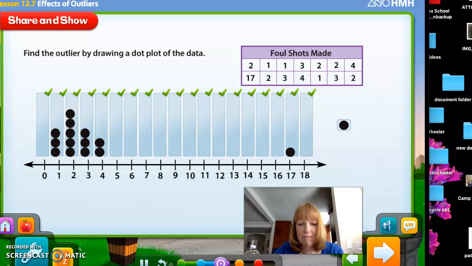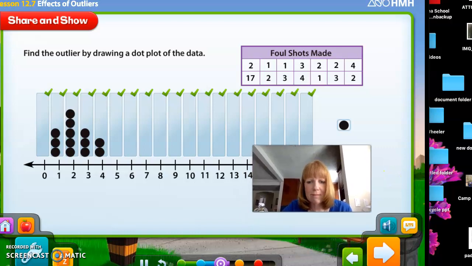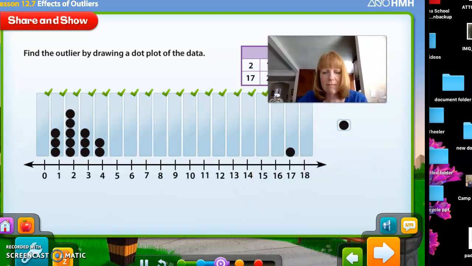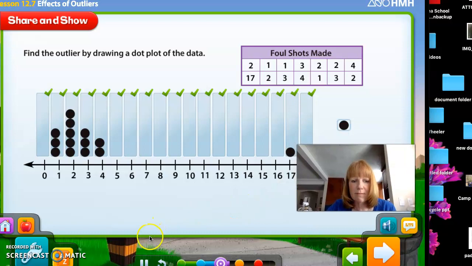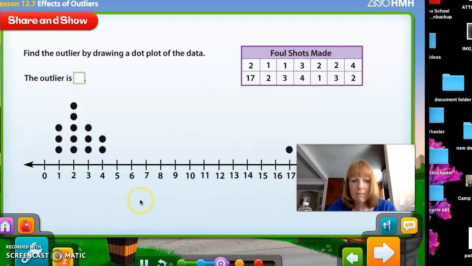That's right. A dot plot of this data has 3 dots above 1, 5 dots above 2, 3 dots above 3, 2 dots above 4, and 1 dot above 17. So, what is the outlier for this set of data? Correct.